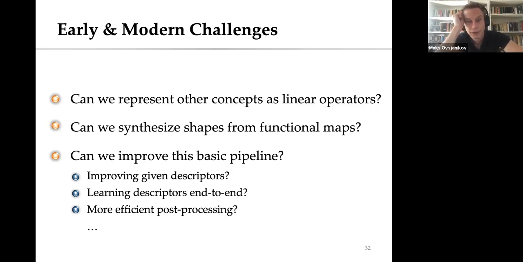And then there are many questions about whether we can improve this basic pipeline, for example by improving descriptors and doing some learning. These were, to me, and still are, very exciting questions, and have filled my work life for the past 8 years or so. So today I'll give an overview of some of these results.